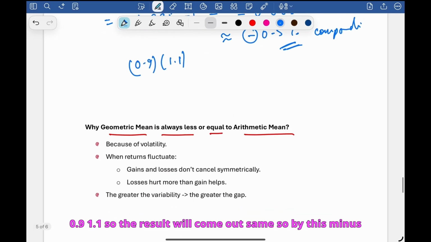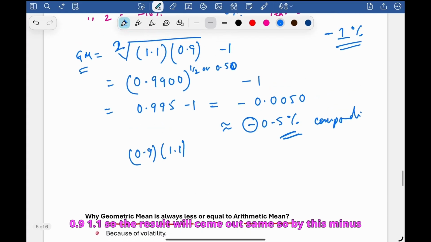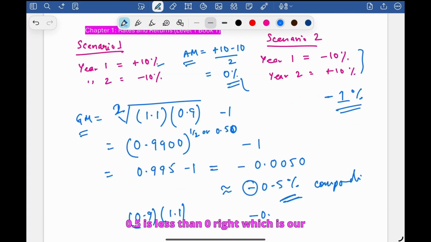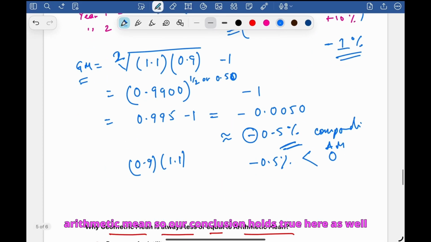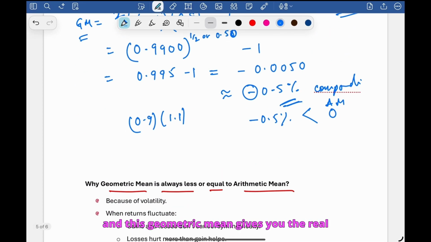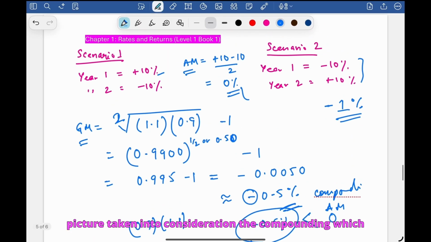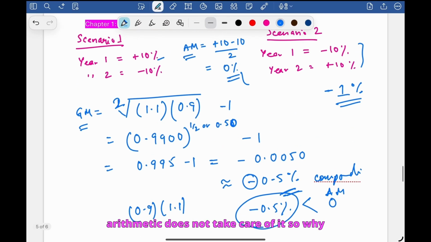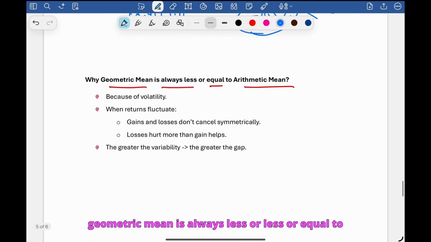So minus 0.5 is less than 0, which is our arithmetic mean. So our conclusion holds true here as well. And this geometric mean gives you the real picture, taking into consideration the compounding, which arithmetic does not take care of. So why is geometric mean always less than or equal to arithmetic mean?